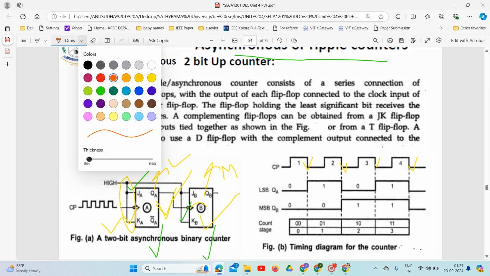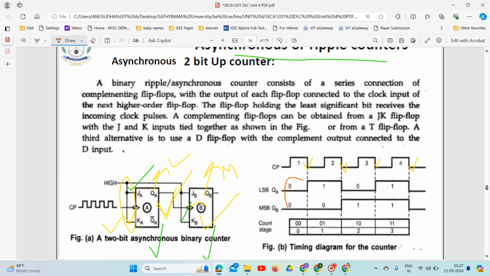Initially, all the flip-flops store 0 0. For the falling edge of clock pulse 1, J and K both are 1, which means the output toggles.